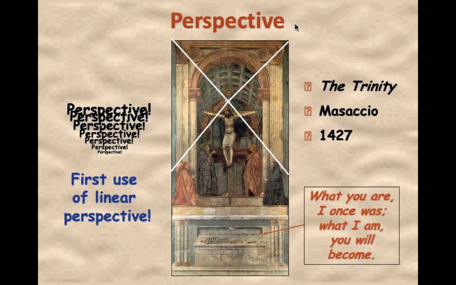So one of the first things is perspective, it's depth. And when you look at that painting, the idea is that it looks linear 3D. Italian painters use mathematical computations to plot out and plan their paintings.